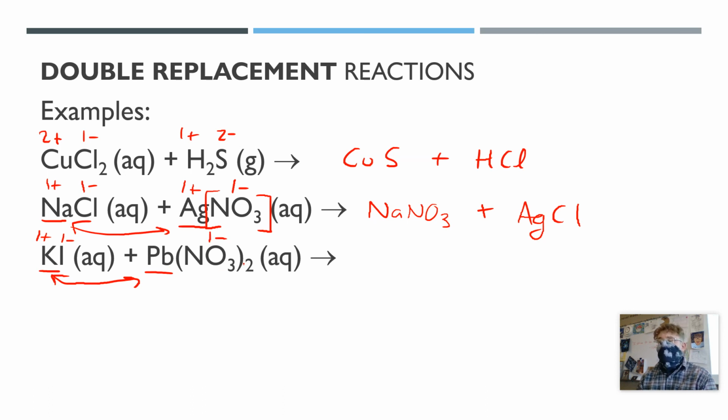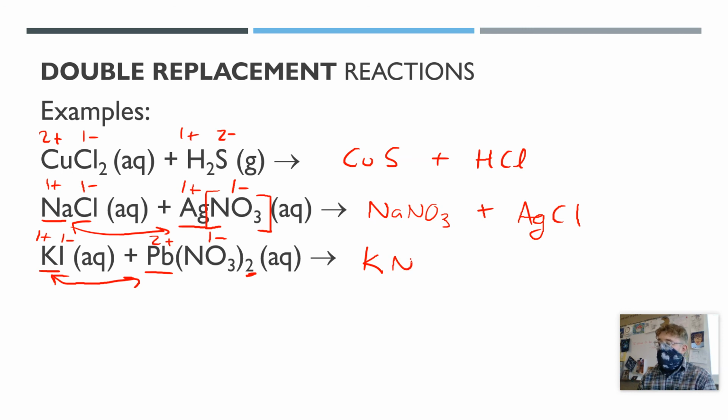If we have 2 nitrates bonded to lead, what charge must lead have? We have 2 bonded to it, +2. Okay. So when we have 2 nitrates, 2 of these polyatomic ions bonded to lead, then it's going to be +2 charge.